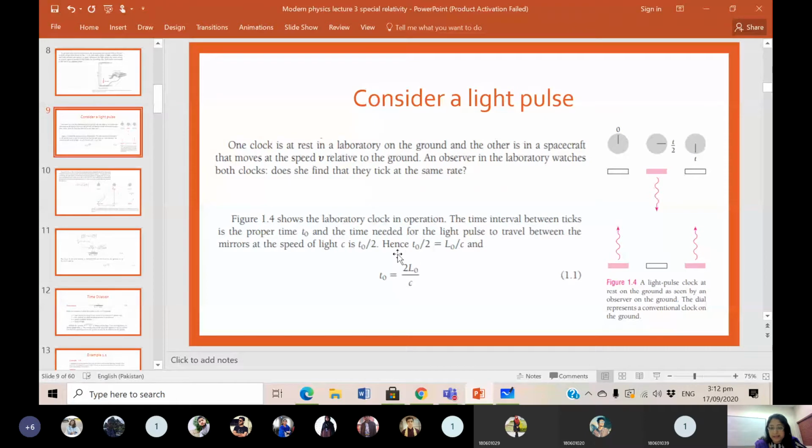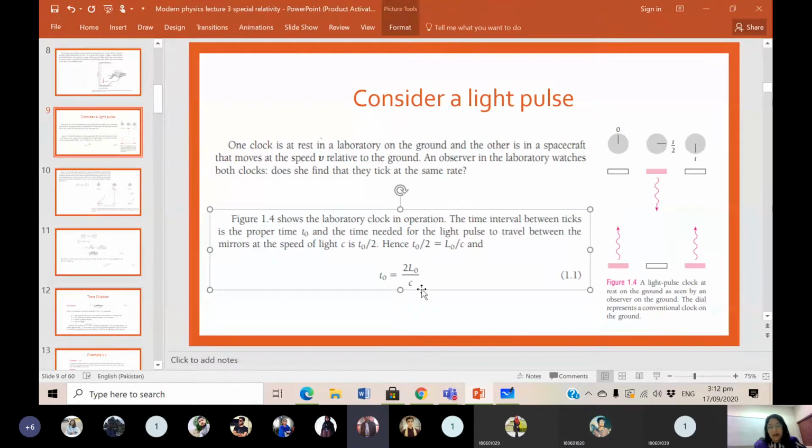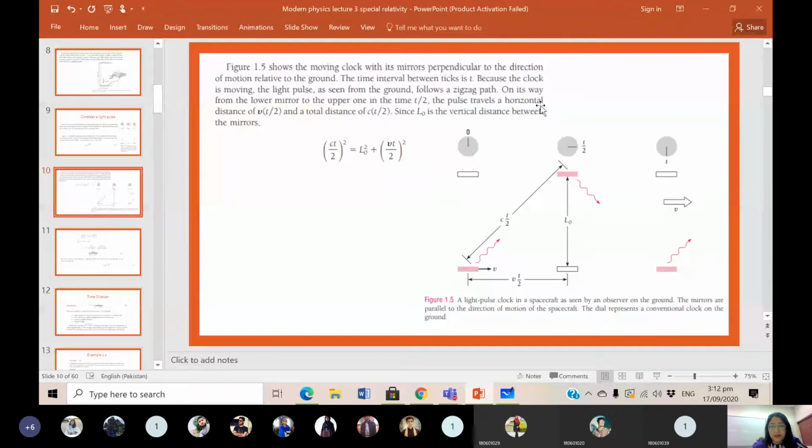Does this formula make sense? For it to move half the distance up, one way, it will take t naught divided by 2, and that will be equal to L naught divided by C, because that's the distance L naught, and it's moving at C. Now we want to see what's happening on its way from the lower mirror.